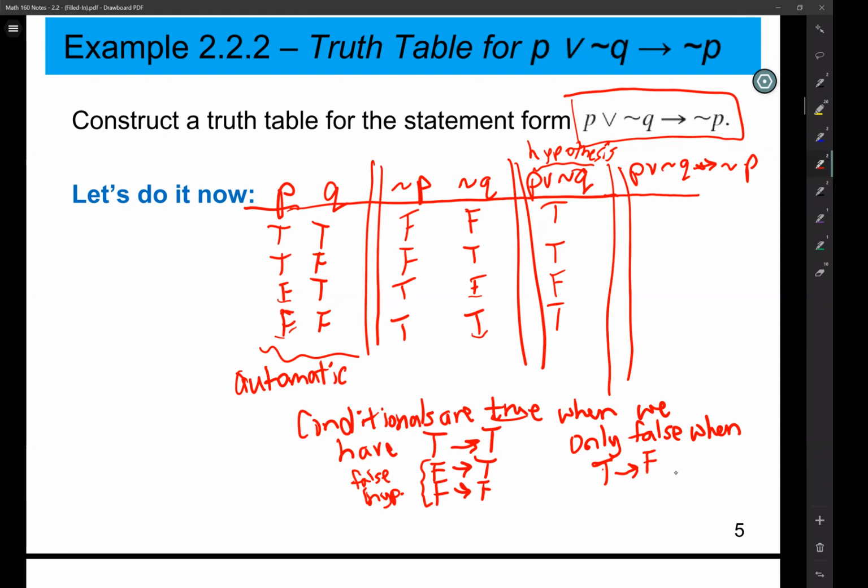So this is going to automatically be true. Because I had a false hypothesis, in any case of the false hypothesis, it's going to be true there. Now let's look. The only other time I'm going to have a true statement is when I have true leading to true. So I want truth in the hypothesis and true in the conclusion. So I have true in the hypothesis here, here, and here.